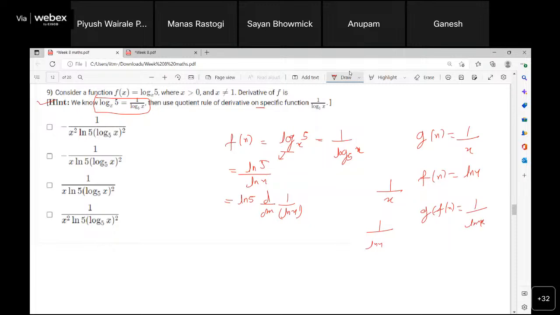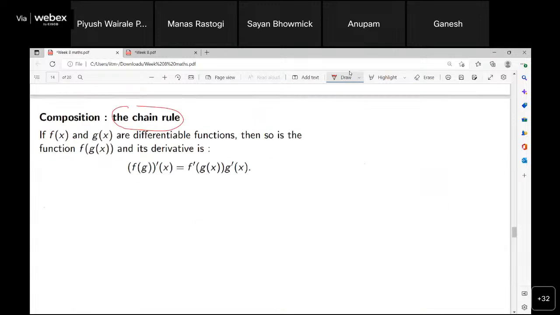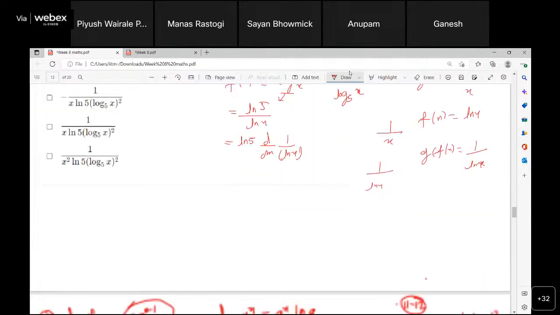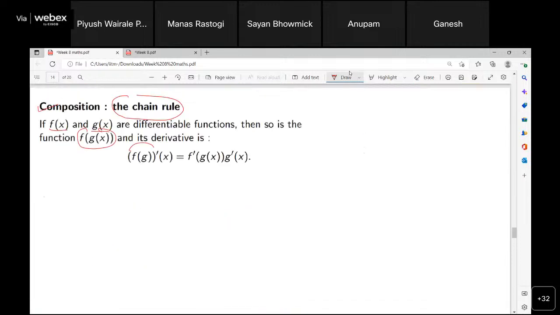Now just go to the composite. What is the chain rule here? If f of x and g of x are differentiable functions, then it is a function like that, and its derivative is like this. So I will again take the same thing.